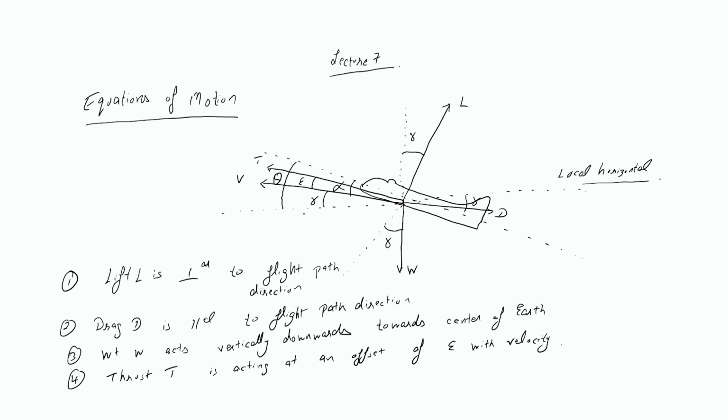Since gamma is the flight path angle, let me write down its definition. Flight path angle. So what is this flight path angle? Angle between the velocity vector of the aircraft.